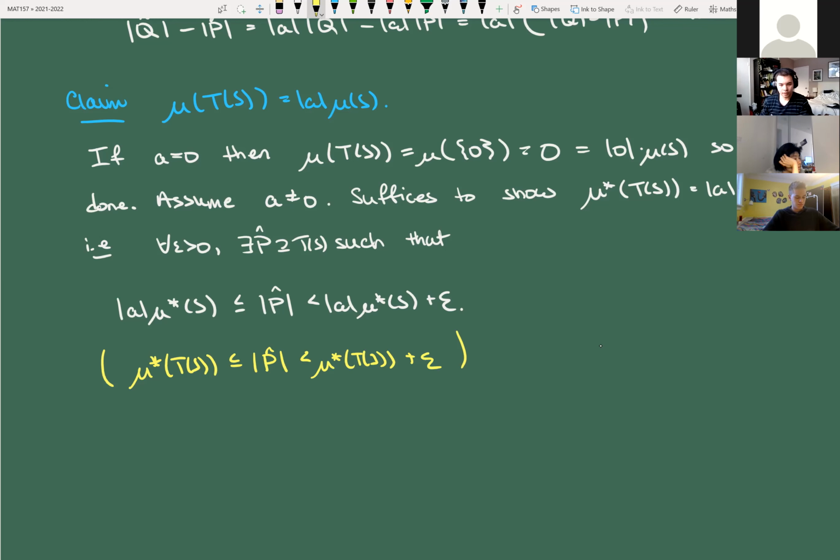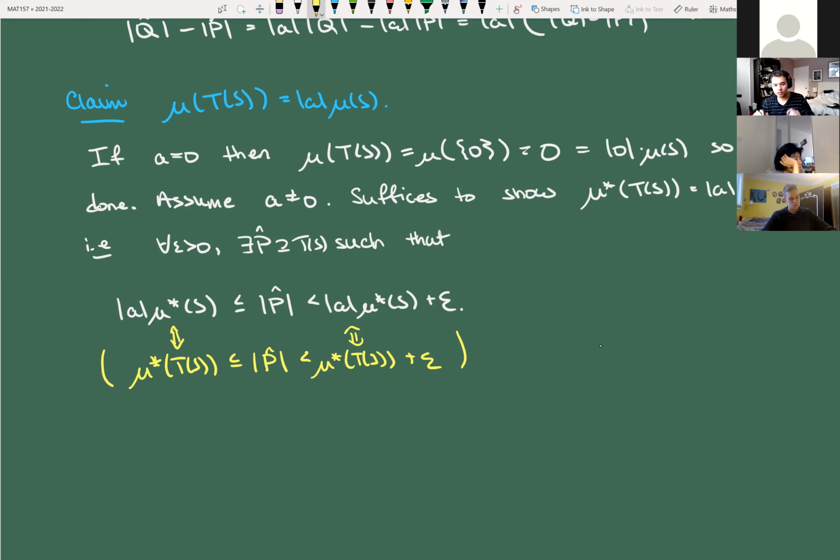So this is normally how this equation would look for the outer measure of the image of S. But I'm trying to prove that the absolute value of A times the outer measure of S is this thing, right? And this is the definition of what it means to be the infimum. So if I can prove that the absolute value of A times the measure of S satisfies this property for any epsilon, then those two things have to be equal, right? There's only one number which does this, and it's precisely the infimum of the over approximating polyintervals. So if we can prove that the absolute value of A times the measure of S is the thing which does this, then these two things have to be equal.